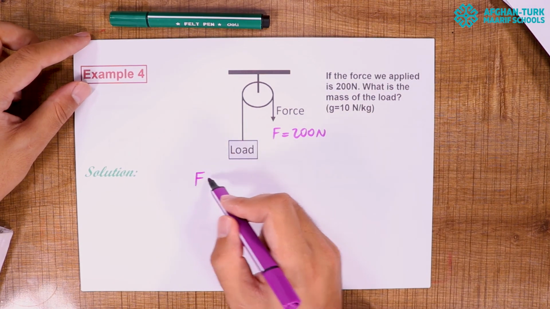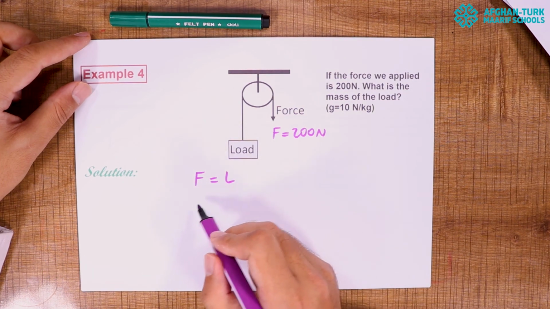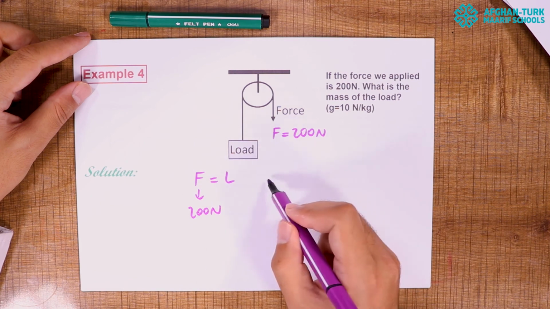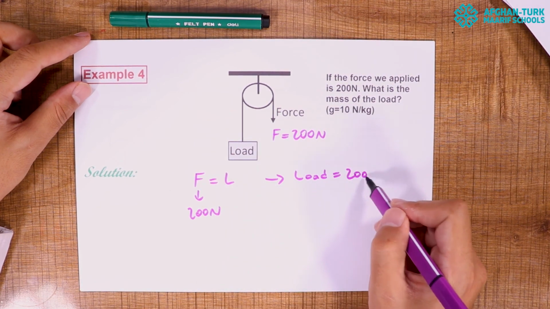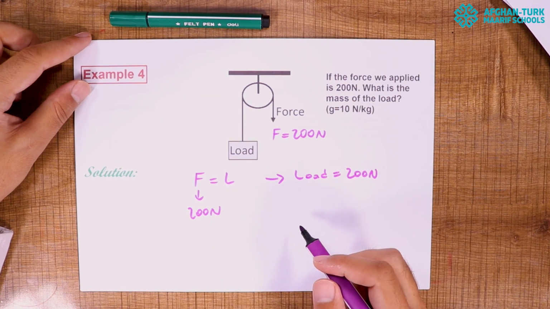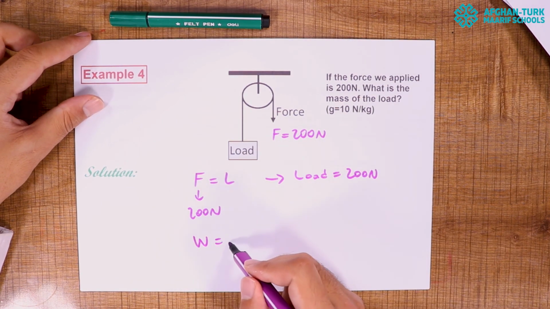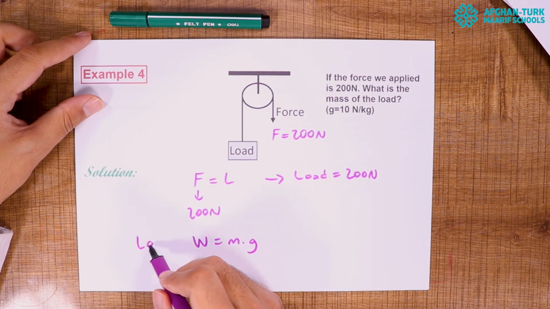So the formula was F is equal to load, and that means that if force is equal to 200 Newton, load is also equal to 200 Newton. So how can I find the mass? Again, weight is equal to mg, where weight is equal to load here.